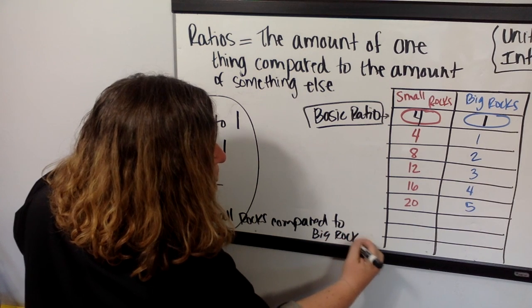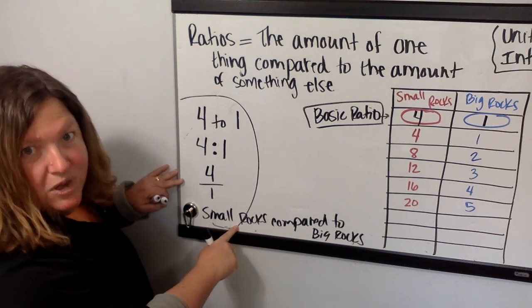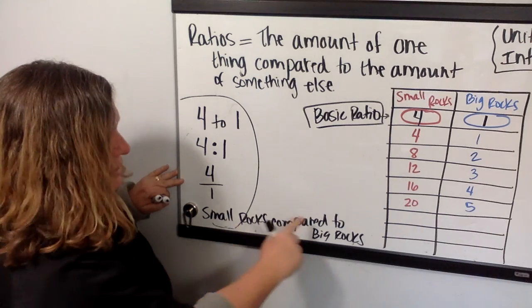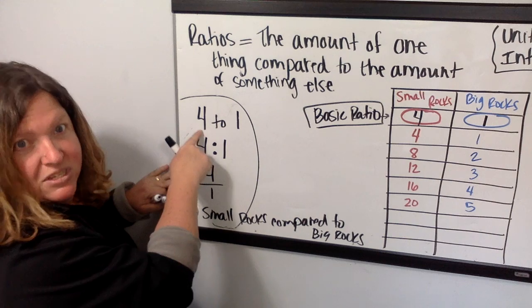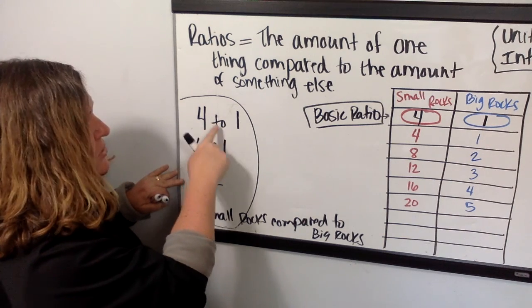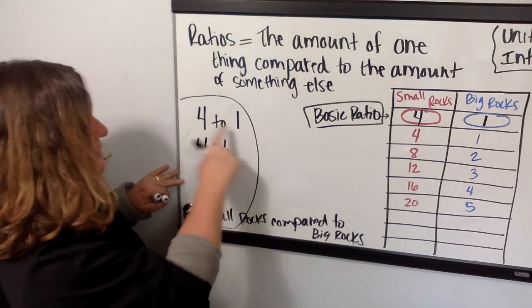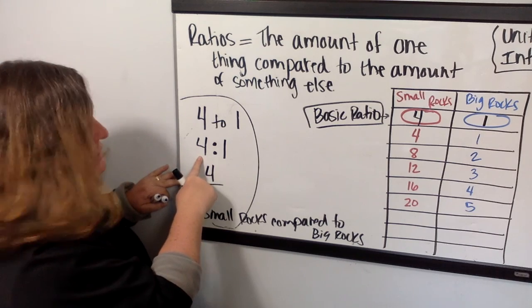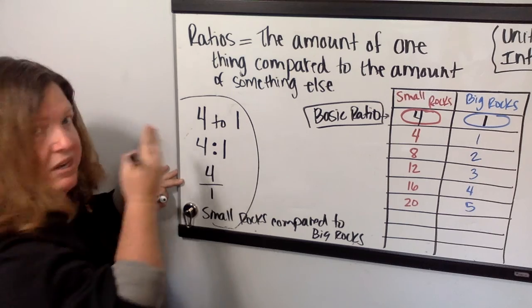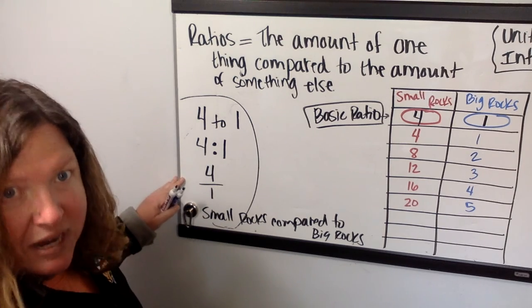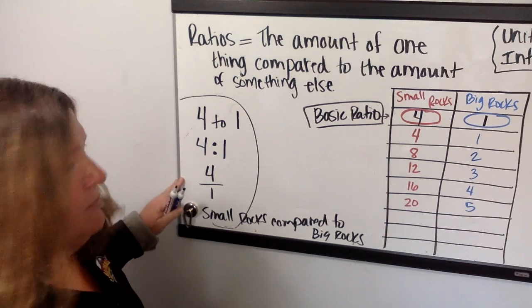We have to know that we're talking about the small rocks first compared to the big rocks second. So when we see the numbers, 4 comes first, 1 comes second: 4 small rocks compared to 1 big rock. So the numbers have to follow the words and the words have to follow the numbers. They have to be in the same order.